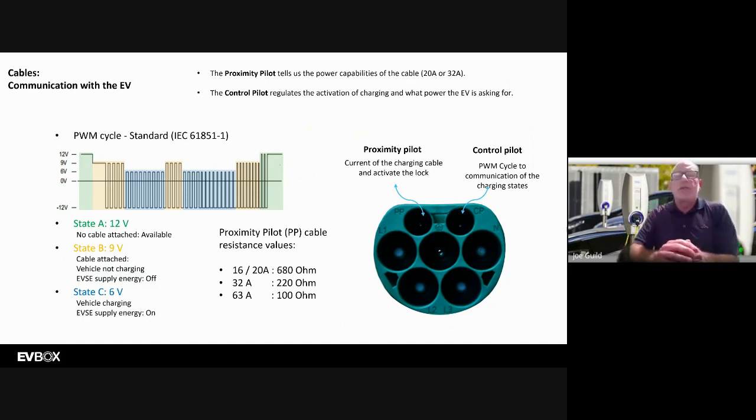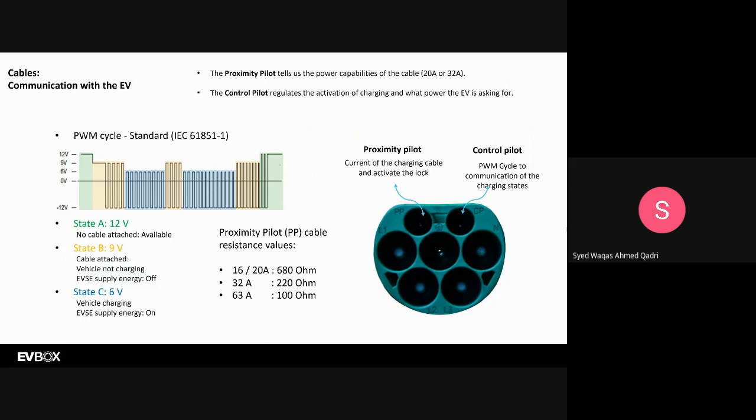If you look at the top of the slide, it says the control pilot, and it tells what the power of the station is, what power the EV is asking for, and then translating that, there's a calculation to get the actual amount of amperage it's asking for. That might be what you were thinking about, but in the case of the proximity pilot, it's a measurement. So we measure that in our debug function. Oh, right. Perfect. Thank you.